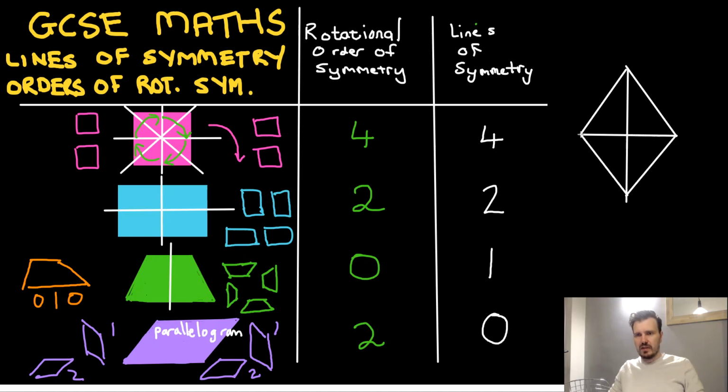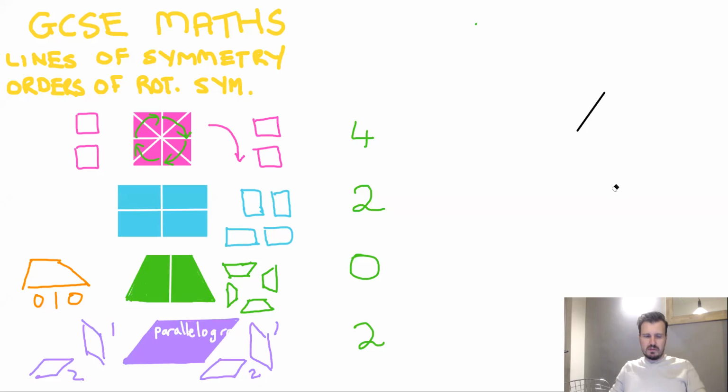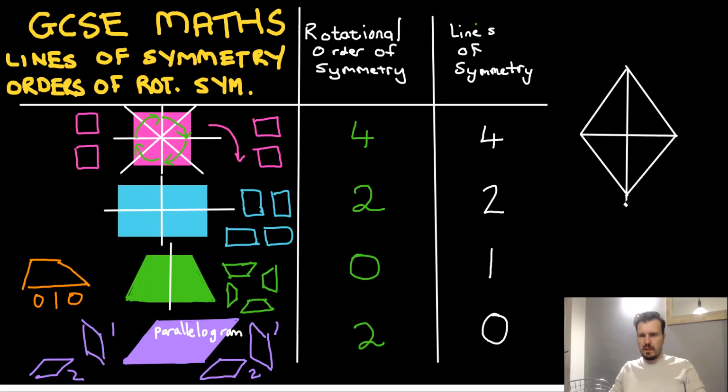This one has 2 lines of symmetry, right? Yeah, so just by drawing the diagonals, I've pretty much drawn the lines of symmetry. So if I remove them, then that's what it would be. And then if I was to draw the lines of symmetry, there are 2 of them, as you say.